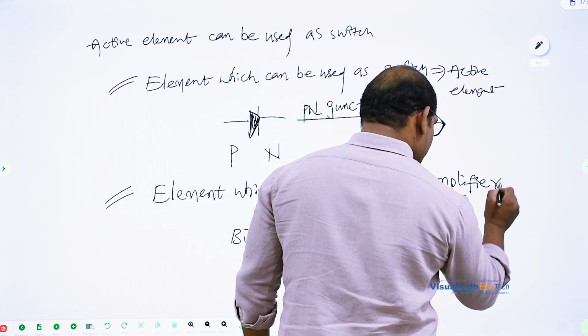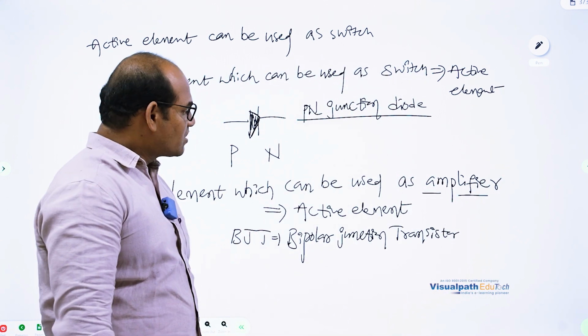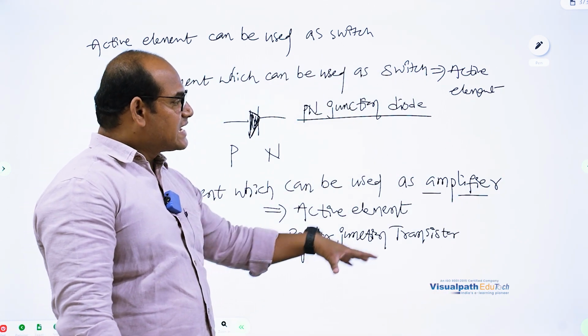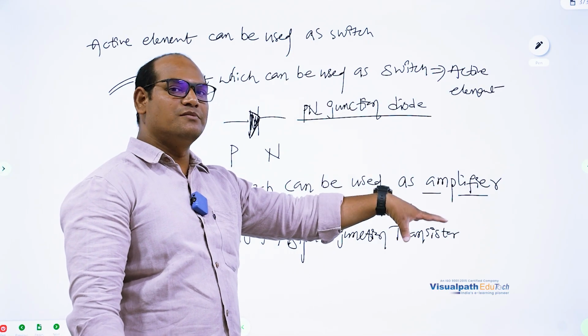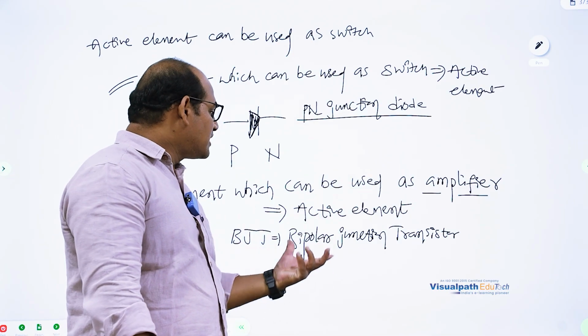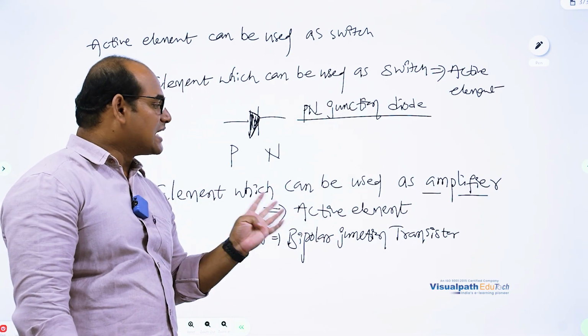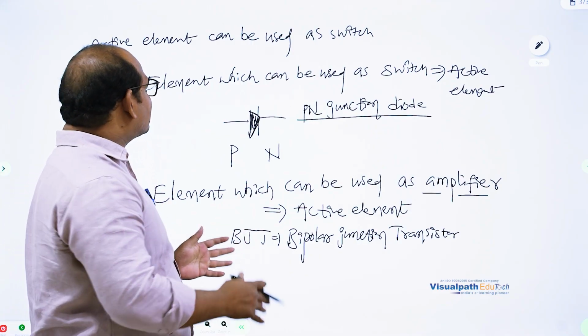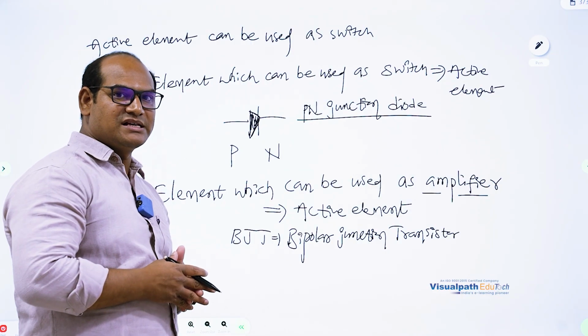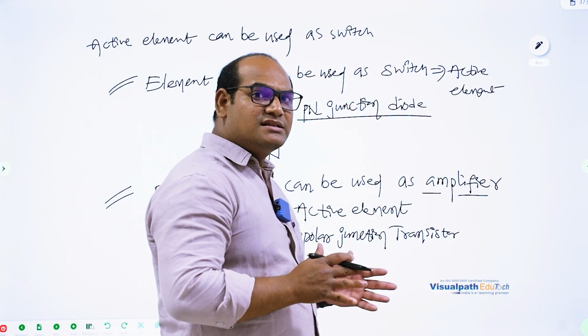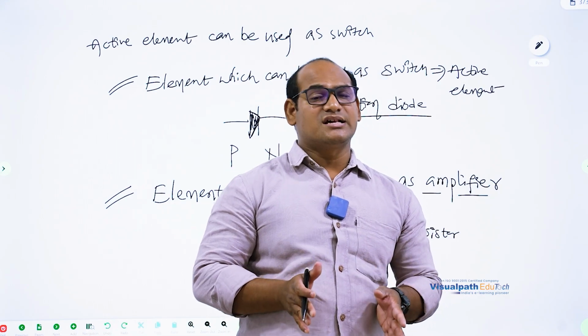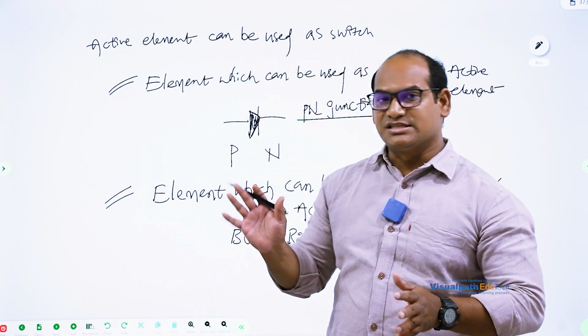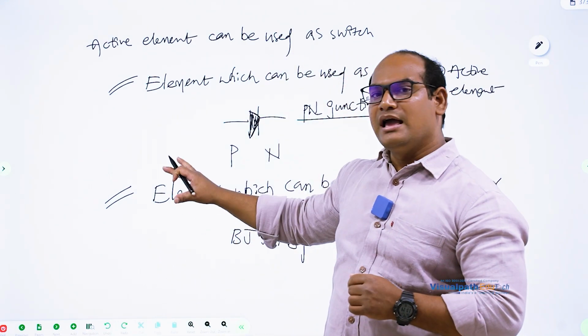Okay, so in our syllabus we have this amplifier also. So BJT can be used as the amplifier for strengthening the weak input signal, so that we can tell BJT is the active element. So now the third definition is also over. So what are the three definitions we have given for the active element? Active element is for energizing the circuit. Active element can be used as a switch. Active element can be used as the amplifier.